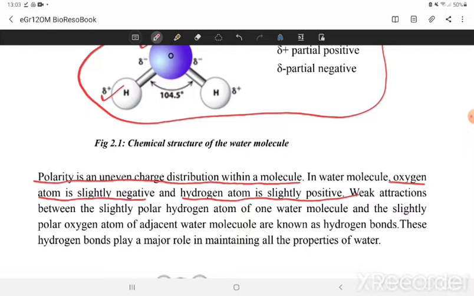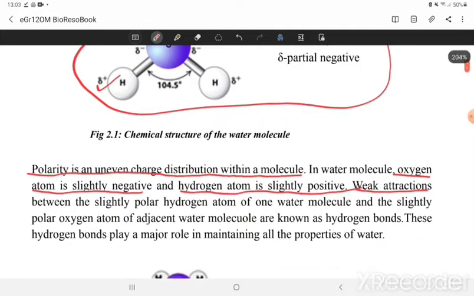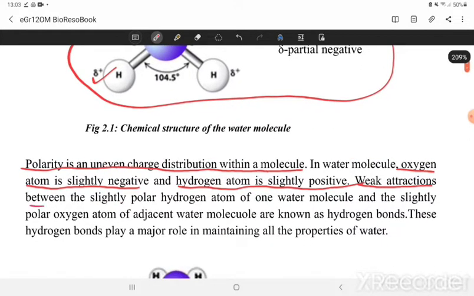They may ask, what are hydrogen bonds? So we have to give the definition. They are weak attractions, not very strong, between the slightly polar hydrogen atom of one water molecule and the slightly polar oxygen atom of the adjacent water molecule.